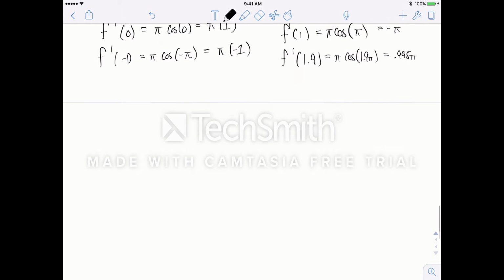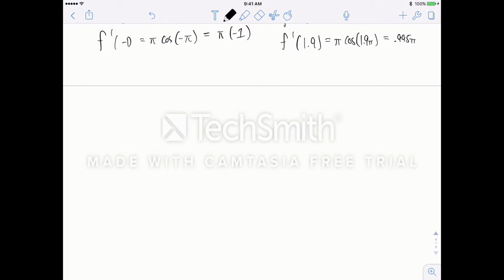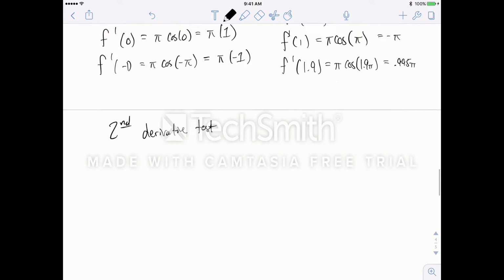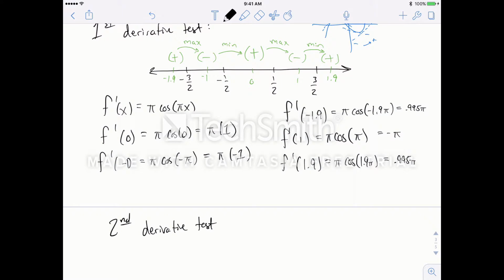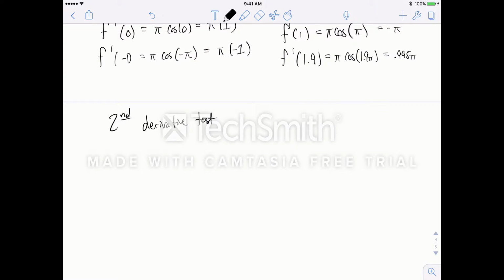derivative test. So let's see how that works. The second derivative test says we take our critical points and we evaluate the second derivative at those points. So first let's find the second derivative.